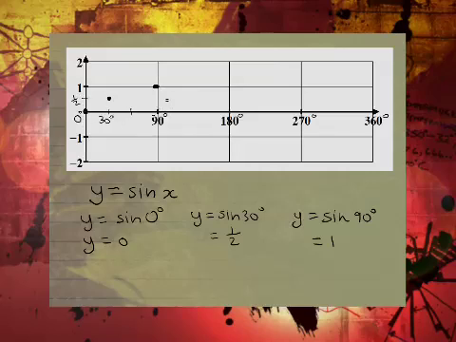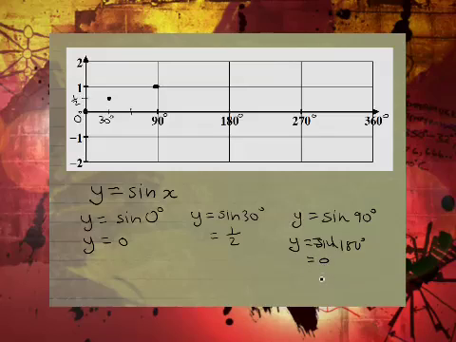Now if you continue, if we put lots of little values in here, we're going to start getting a curved thing here. Now what happens at 180? Let's check. y is equal to sine of 180, and that will give us 0.